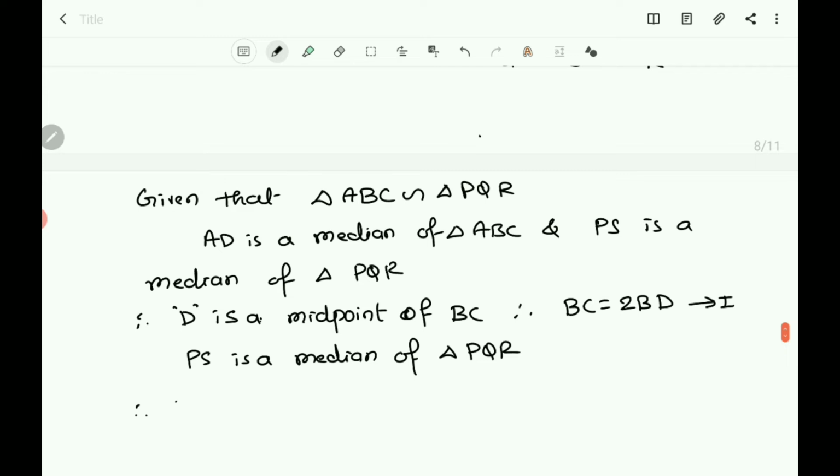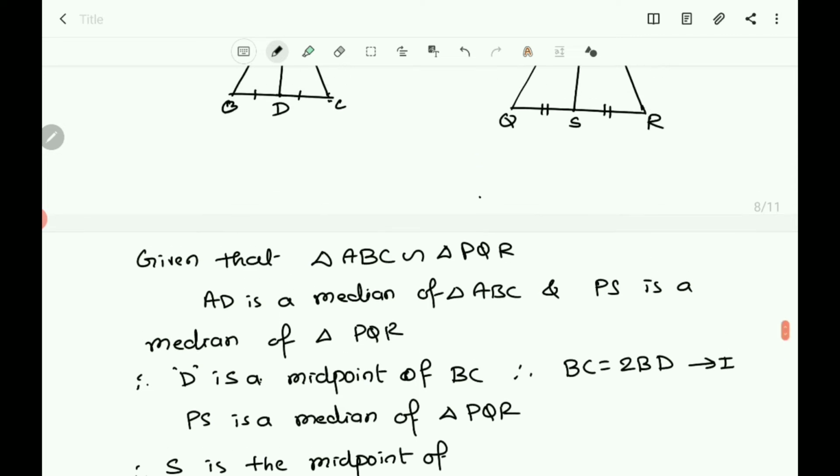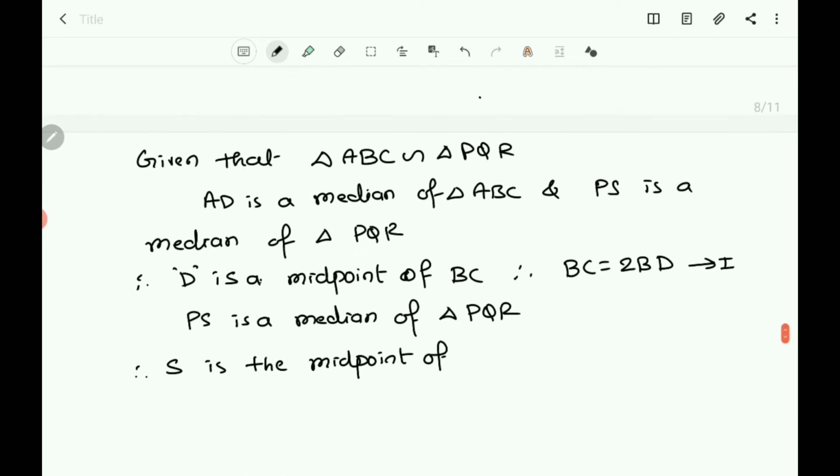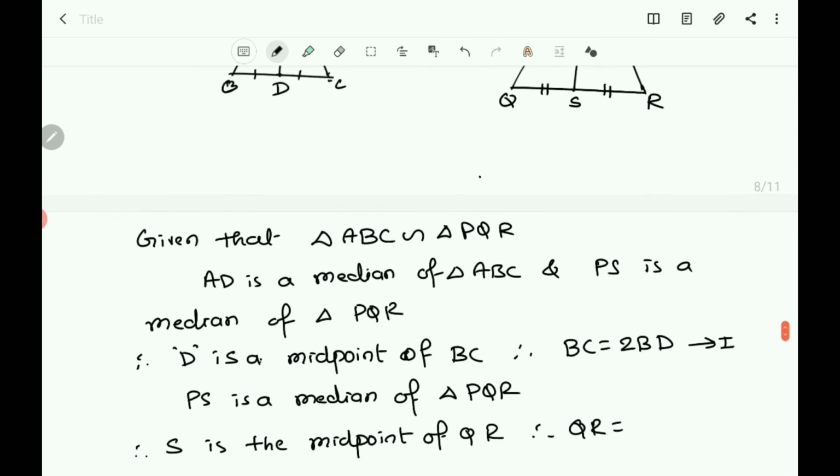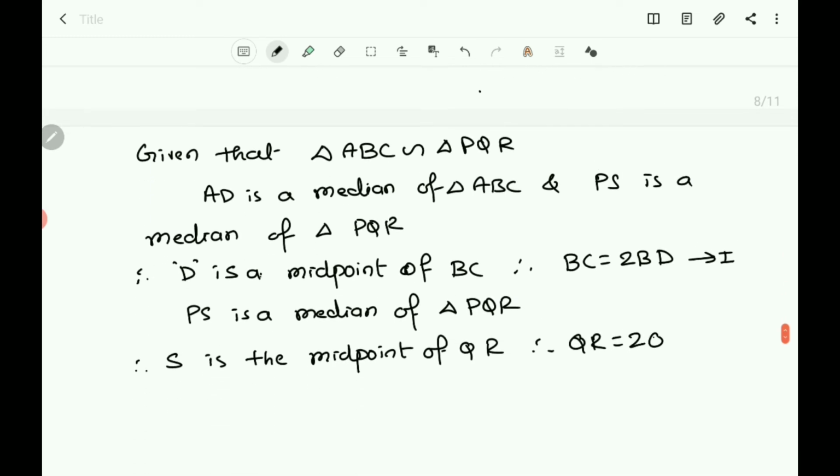Therefore S is the midpoint of QR. Therefore, you can write that here QR is equal to twice QS or twice SR. Twice QS. Consider this as second.